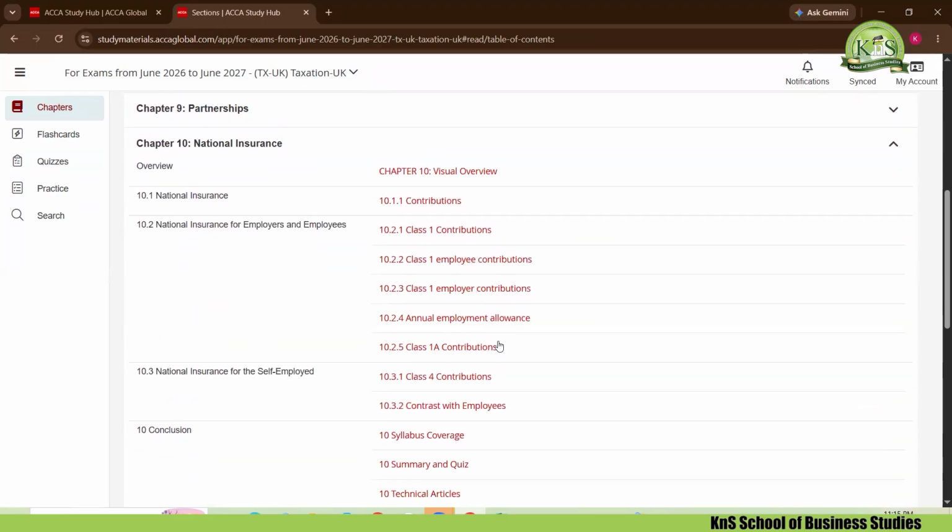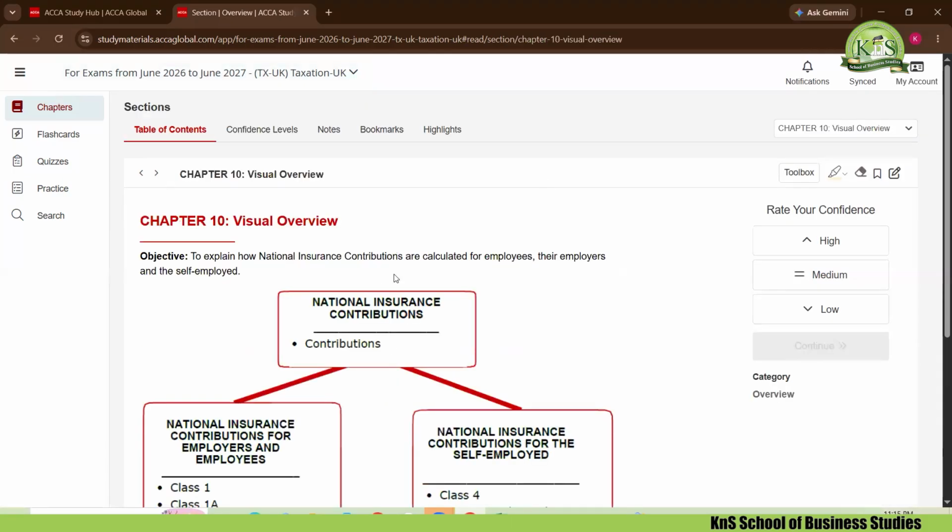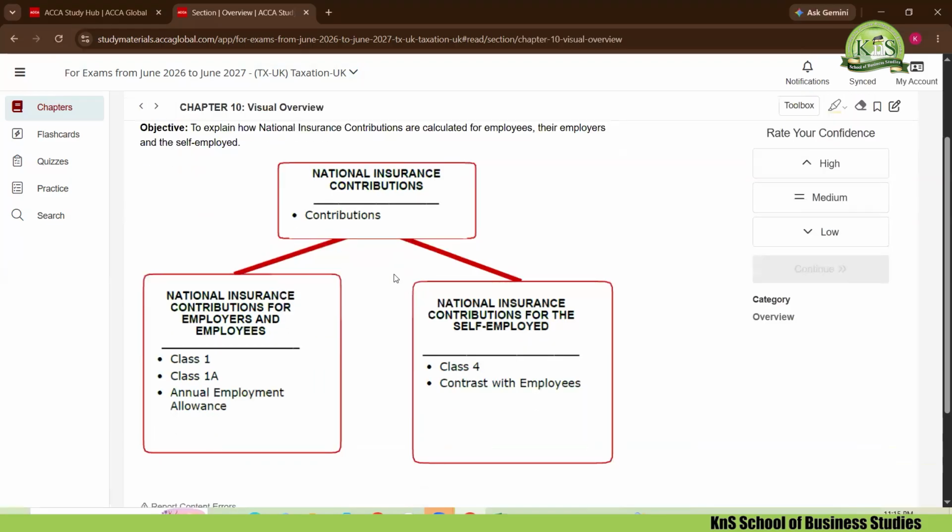By the way, these slabs are given to you in your tax rates and allowances, so you don't need to learn anything. Just the concepts are important. Let me start. I'm just going to give you a concept. In the UK, insurance is mandatory, and your employer also pays. Employees also pay.